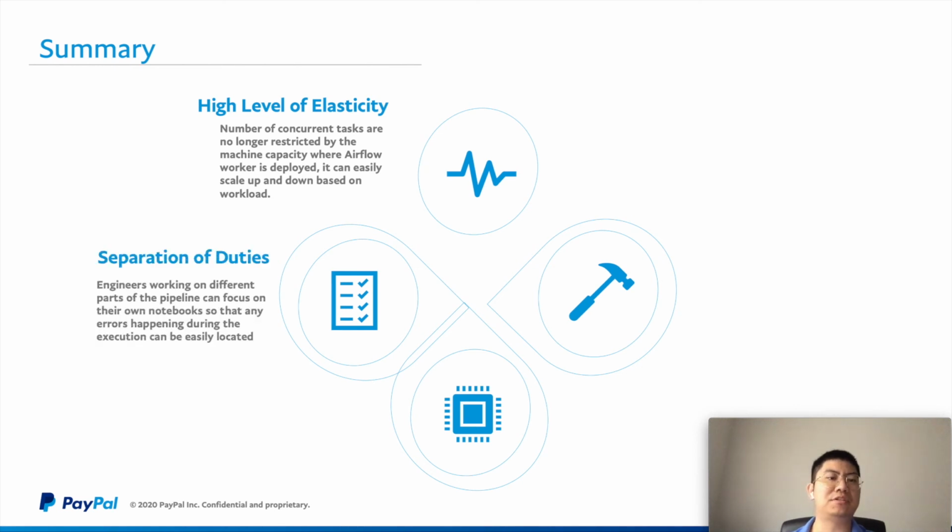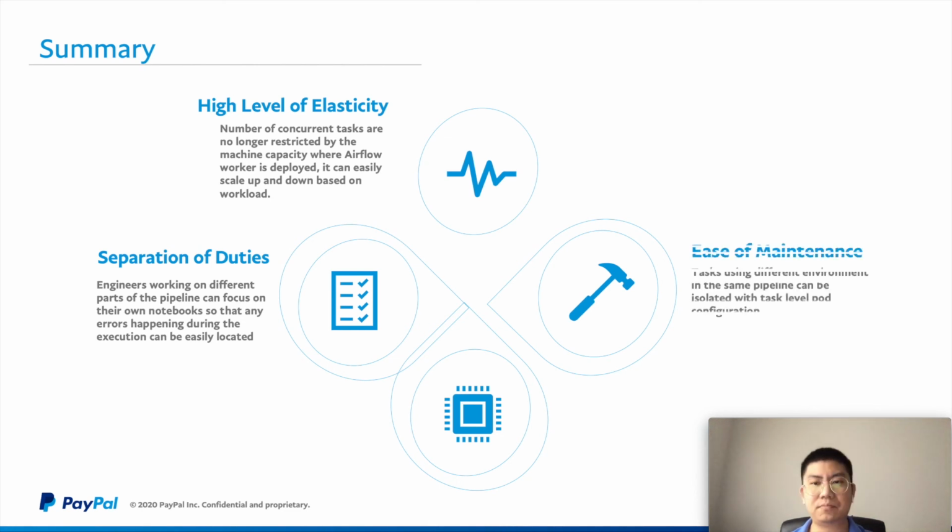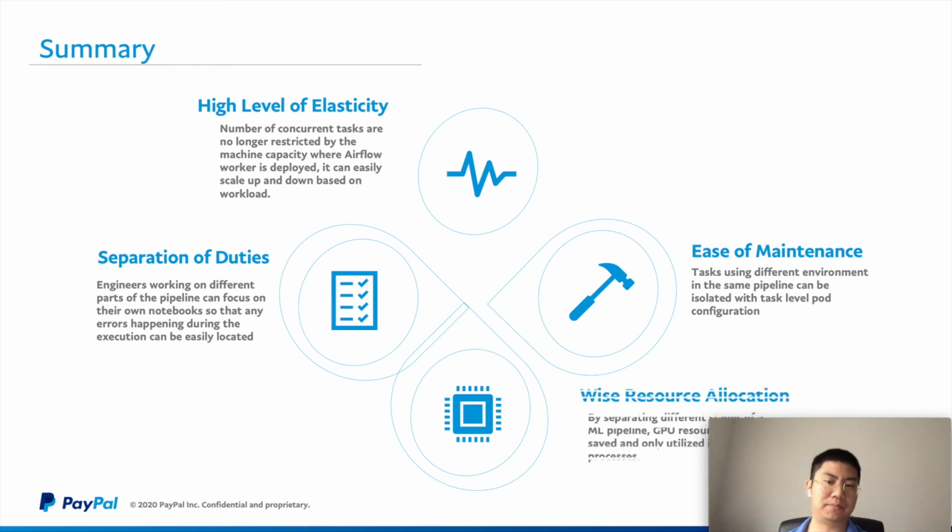We can separate the duties of engineers in the same team who are working on different parts of the pipeline. It can also be easily maintained because the tasks using different environments in the same pipeline can be isolated with the task-level pod configuration. We can also allocate the resources efficiently by separating different stages of the ML pipeline.